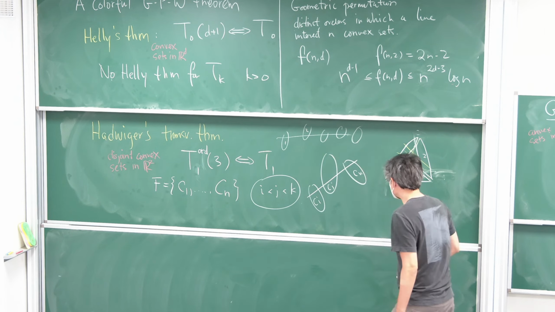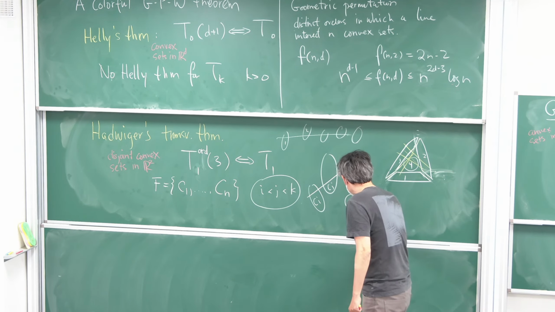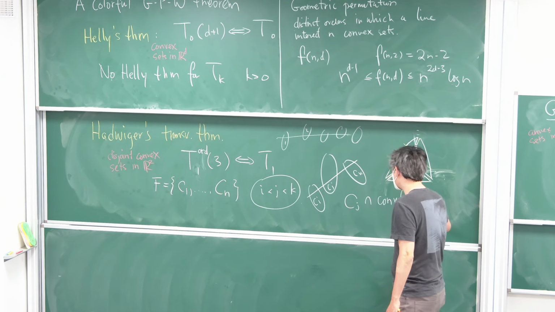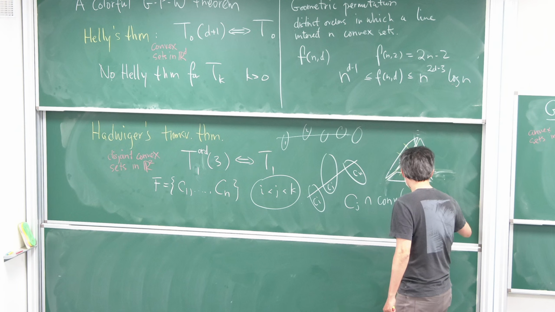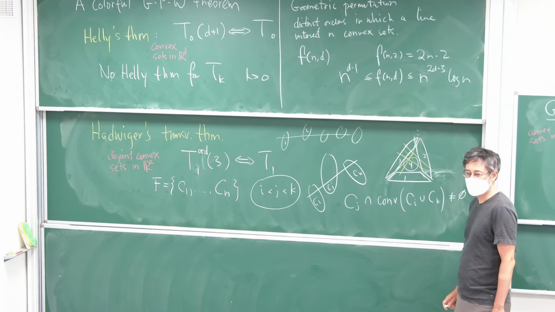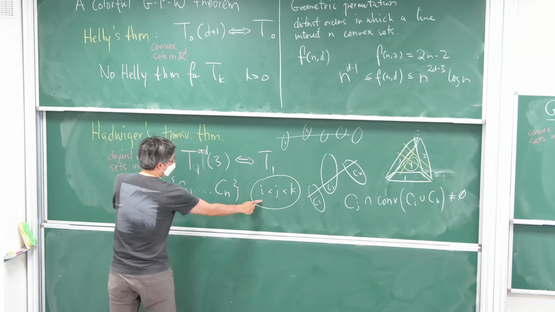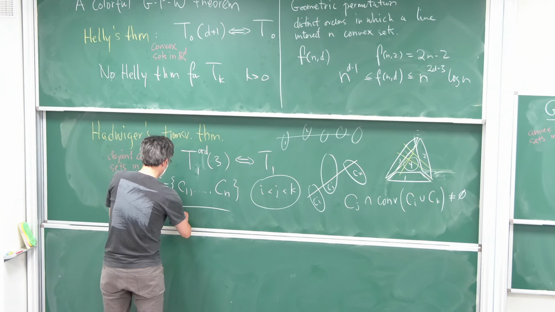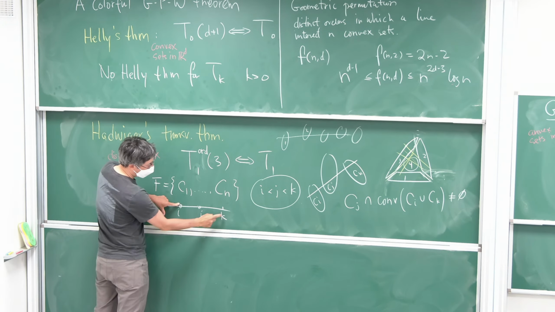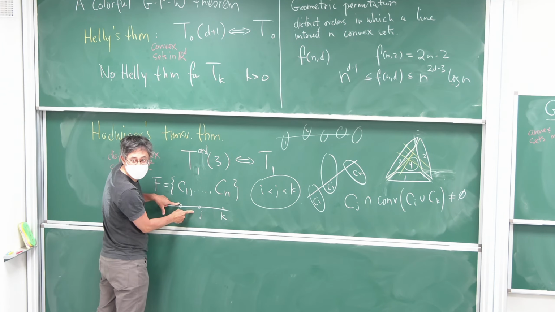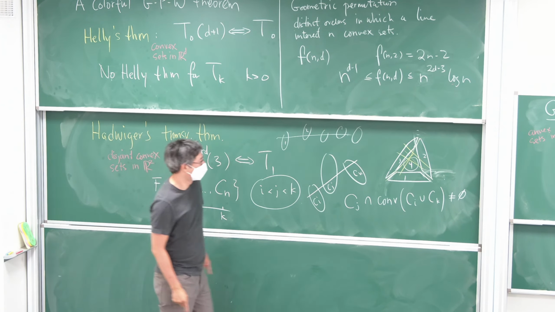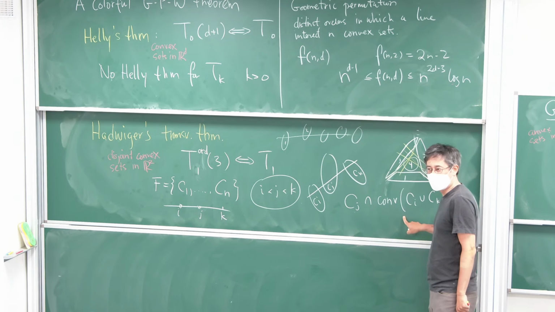Another way of writing that is that Cj intersects the convex hull of Ci union Ck, which is not empty. On your linear order, look at i, j and k: it's precisely saying that i and k contain j in their convex hull. And then you translate that over to here.